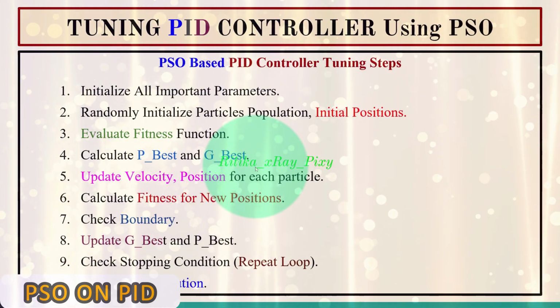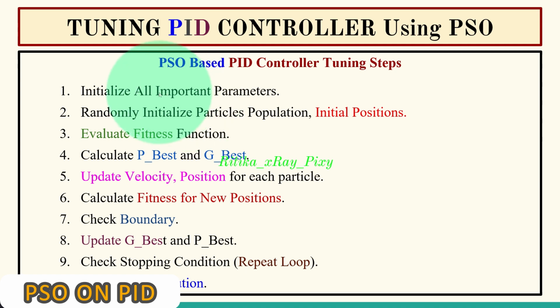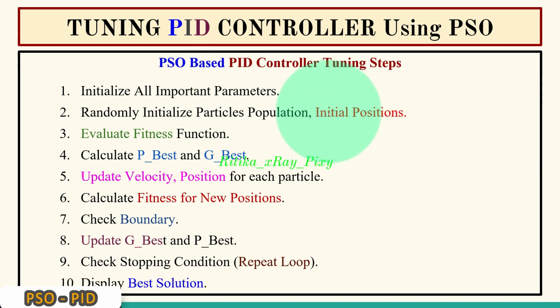Now you can see the basic steps of the PSO algorithm. First initialize all the important parameters, the PSO parameters. So here we have PSO parameters and the current problem parameters. Next we will randomly initialize the particles' positions in the search space. After that declare your objective function based on the current problem.